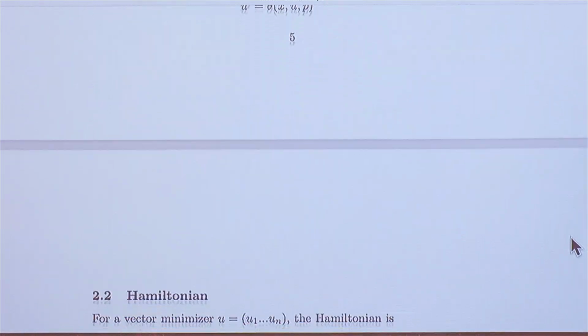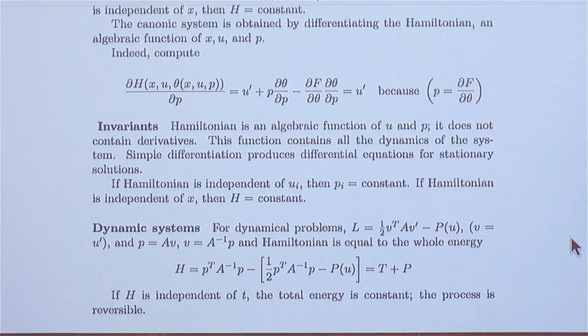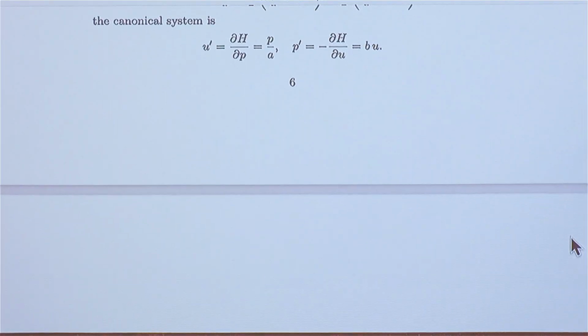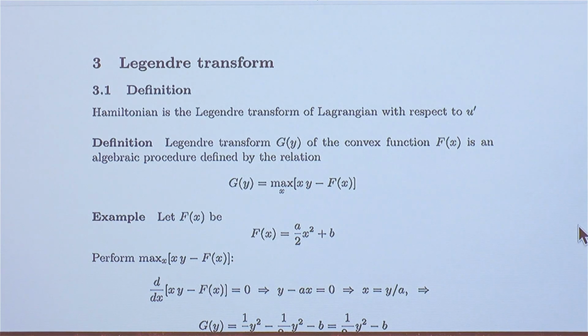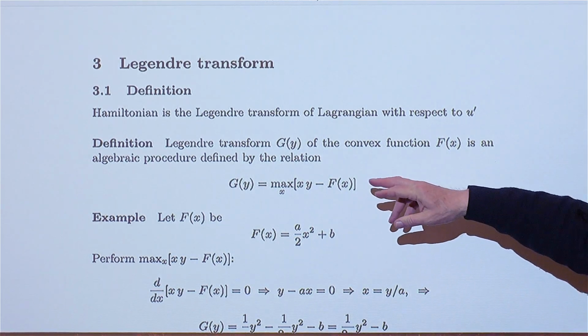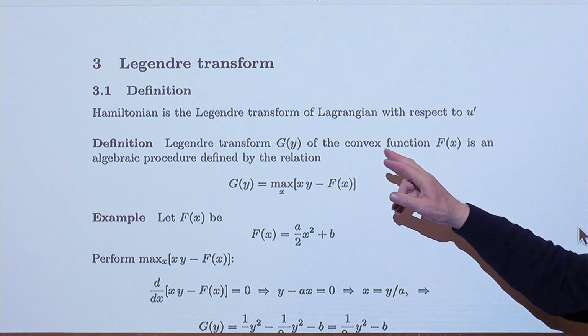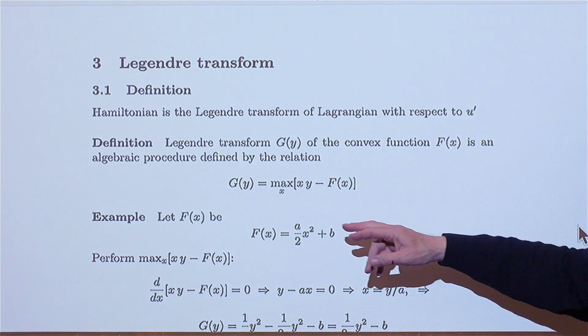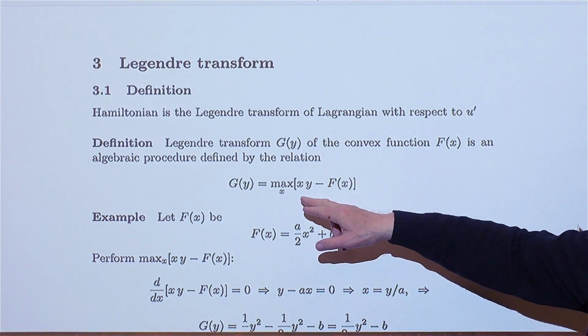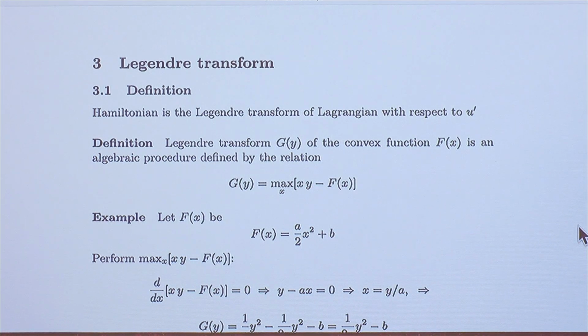This transformation is called the Legendre transform. So the Hamiltonian is the Legendre transform of the Lagrangian. What is the definition of the Legendre transform? g of y is the Legendre transform of a convex function f of x if g of y satisfies this equation: the maximum with respect to x of xy minus f of x.